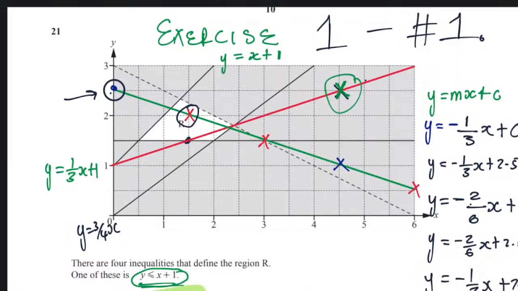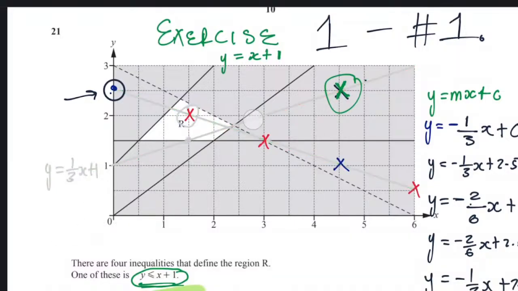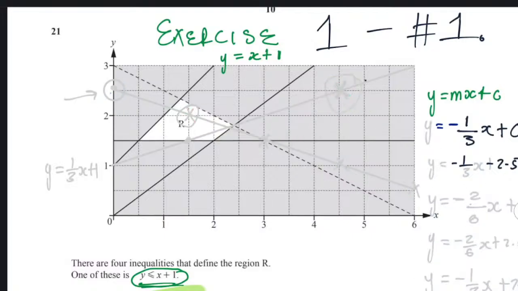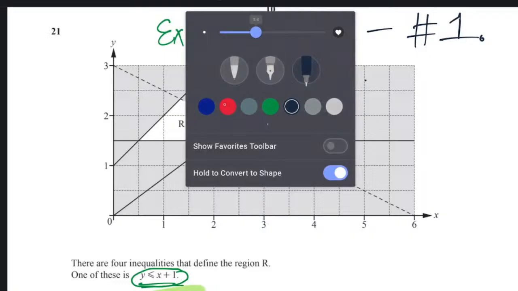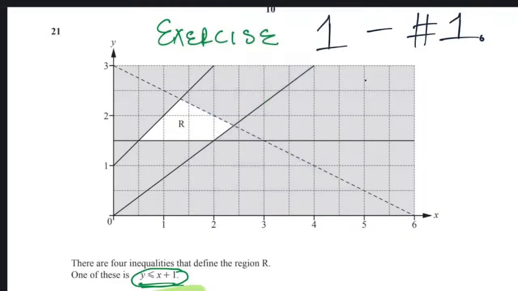So follow the steps. I'm going to erase and I'm going to give the job to you now. Answer this question, students. But remember, your secret is not in saying, I just feel I'm smart, I can do this. That's not how you pass. How you make sure you pass is, listen, follow the steps.